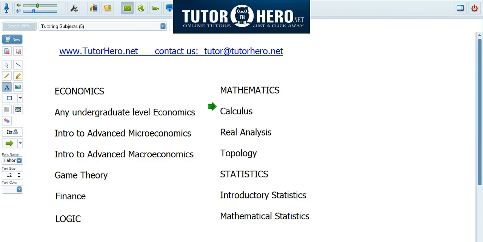From my undergraduate days, I learned a lot of mathematics, and I still help people with calculus, real analysis, and topology. Statistics as well. I help people with introductory stats and mathematical statistics. And from my days as a philosopher, I can still help you with your logic class. In particular, if it's a symbolic logic type class, I'm probably a good choice to help you out.